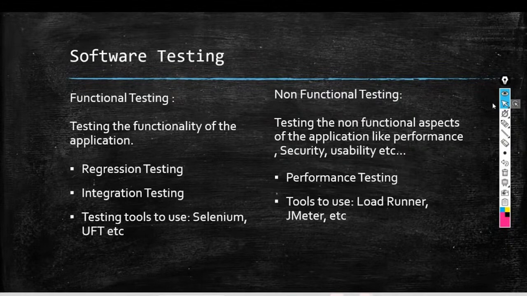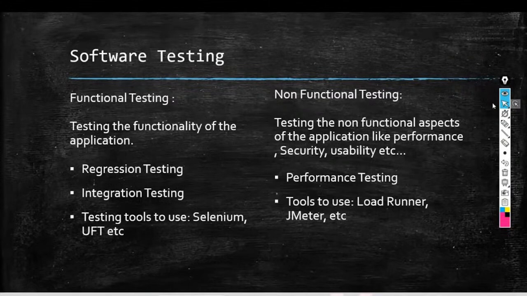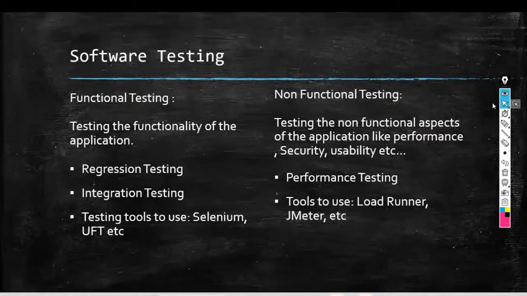When 10 people are on board and then press 3, how much time it is taking to go to the third floor is important for us. Instead of a single person in the lift pressing the 3 button and checking how much time it takes to go to the third floor, with max capacity, like 10 people on board pressing the 3 button and then checking how much time it is taking to go to the third floor is all about performance testing.